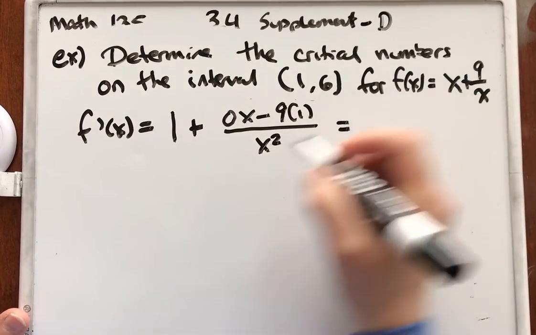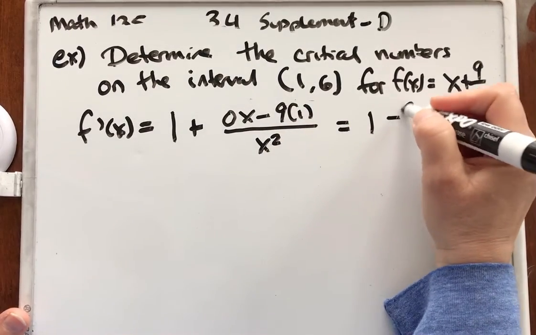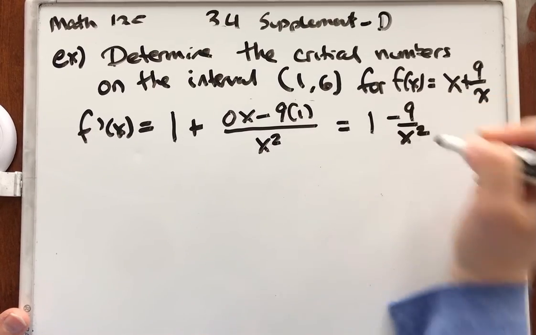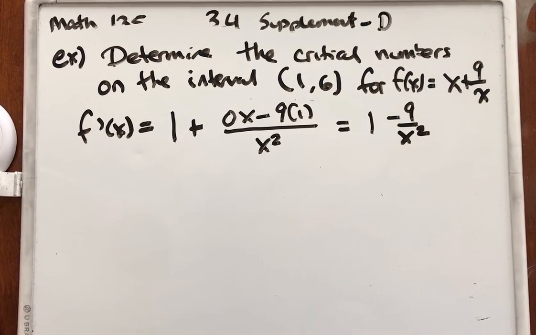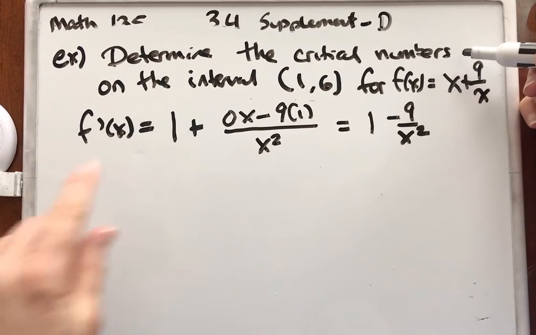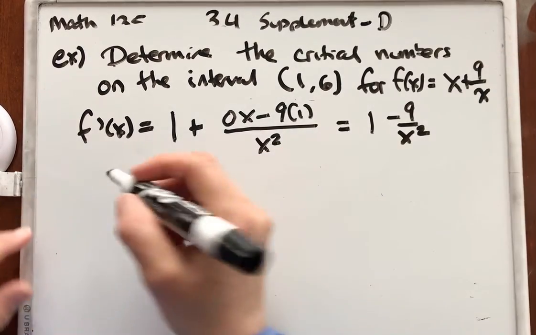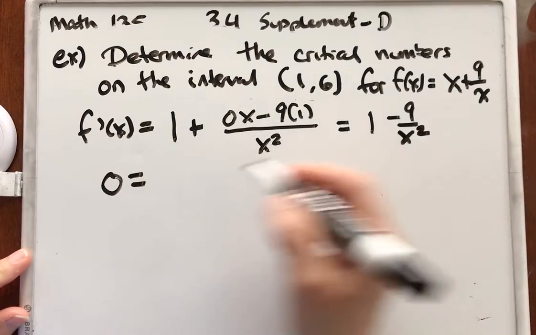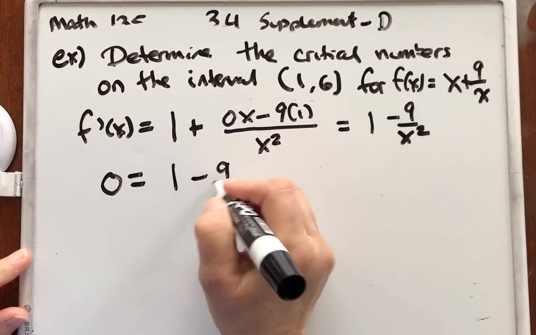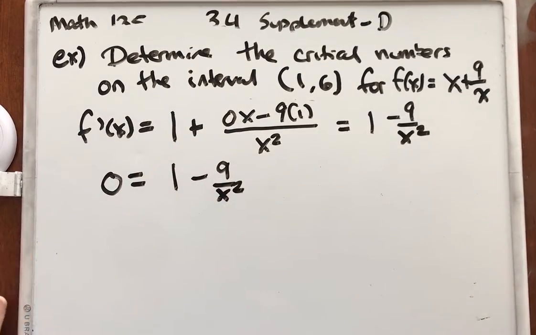So what do we have? We have 1 minus 9 over x squared. Now, we did this because we want to find the critical numbers, so we have to set f prime of x equal to 0.